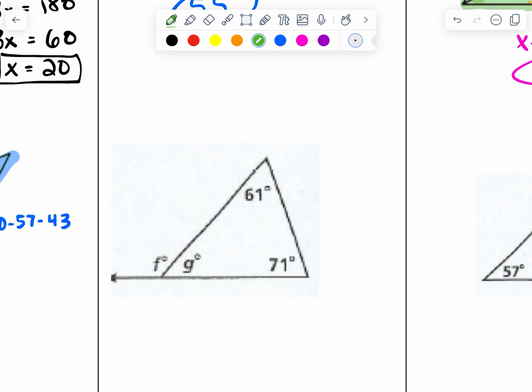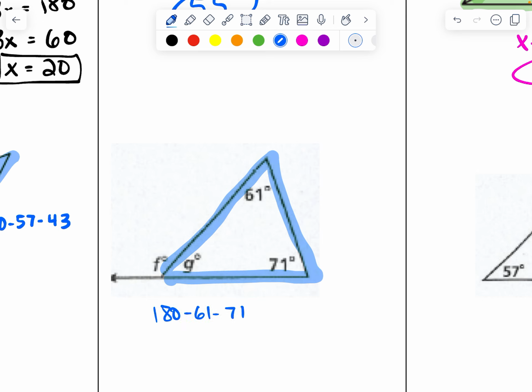All right, we can figure out G and F, no problem. Let's see, I've got my inside triangle here to figure out G. So I've got 180 minus 61 minus 71. 180 minus 61 minus 71 is G. G is 48 degrees.